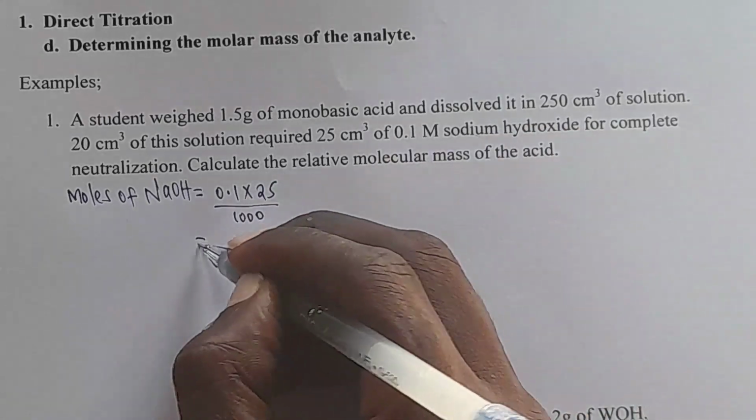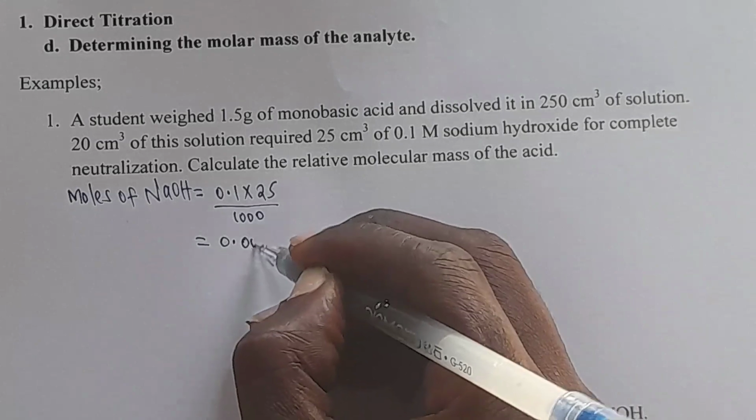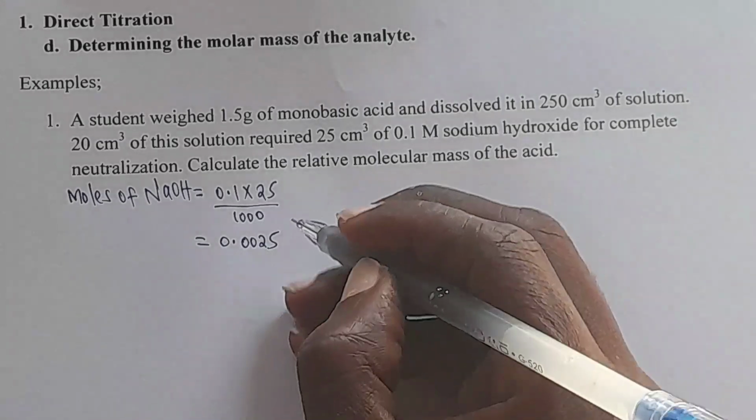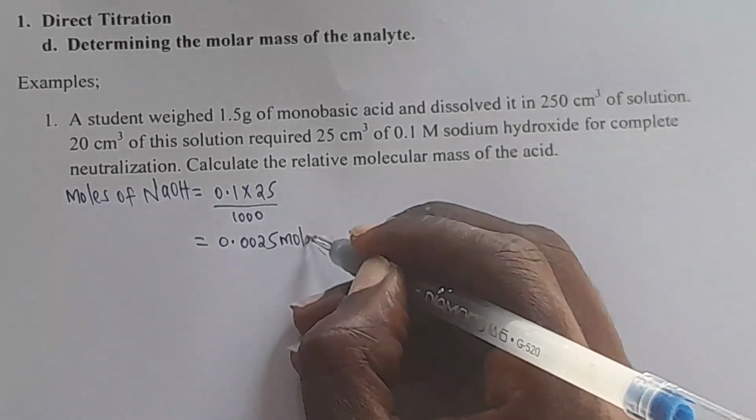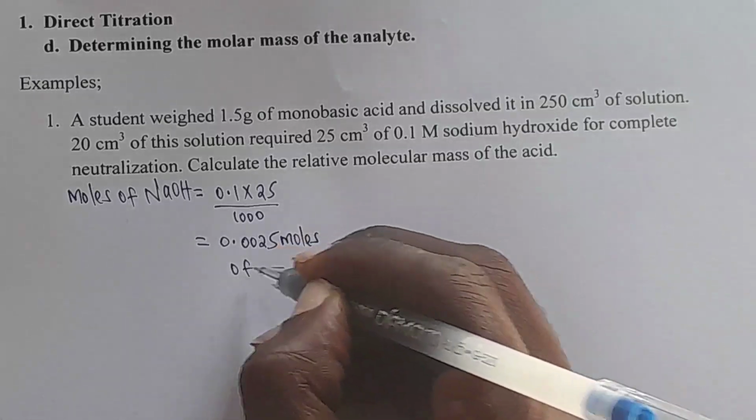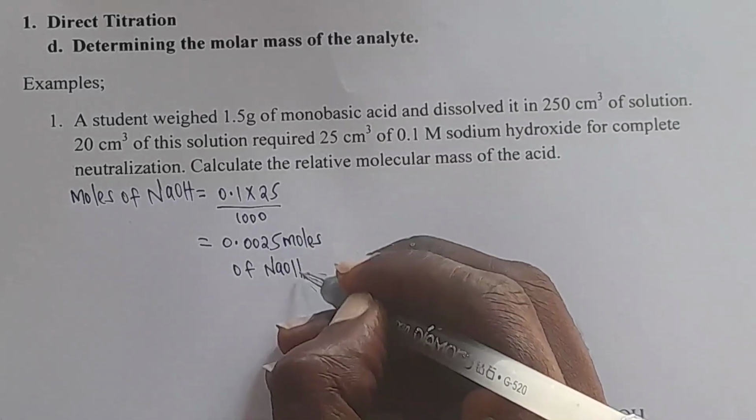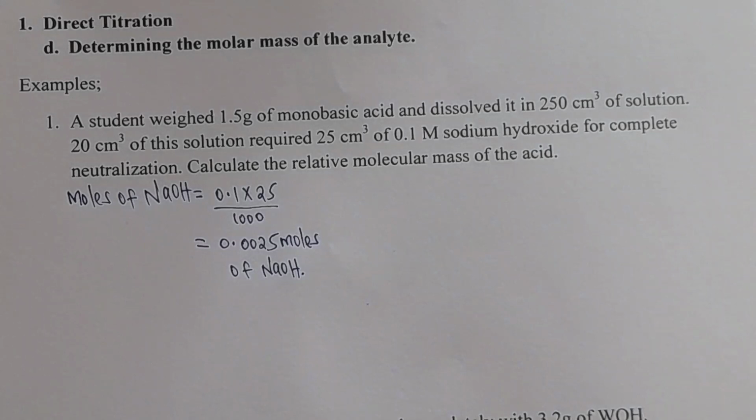Here we get 0.0025 moles of sodium hydroxide solution. That's the first step. We have gotten the number of moles of the standard solution.